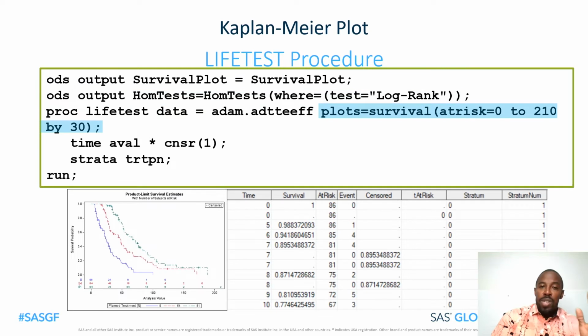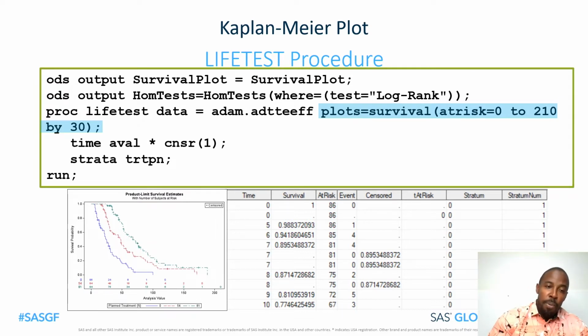Now, this procedure can also produce a survival plot automatically. However, the survival plot may not meet our needs. And from my experience, 9 out of 10 times, I cannot just use the default survival plot, which is produced. I usually have to make modifications in GTL.